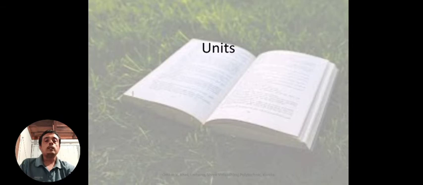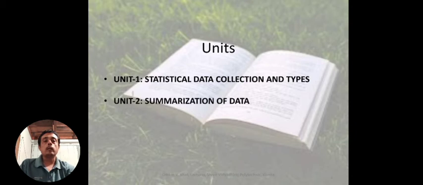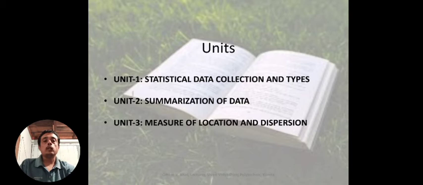Then units, there are 4 different units similar to 4 course outcomes. So unit number 1, statistical data collection and types. Unit number 2, summarization of data. Unit 3, measure of location and dispersion.